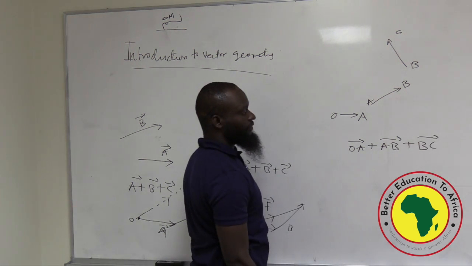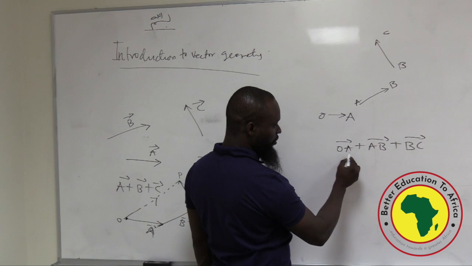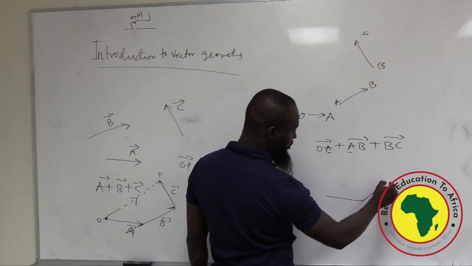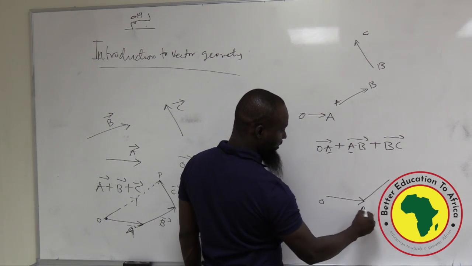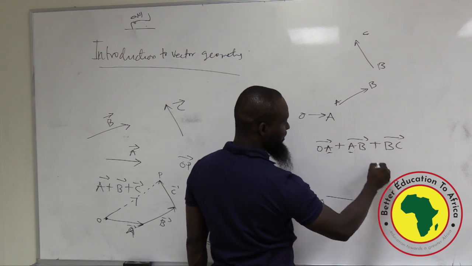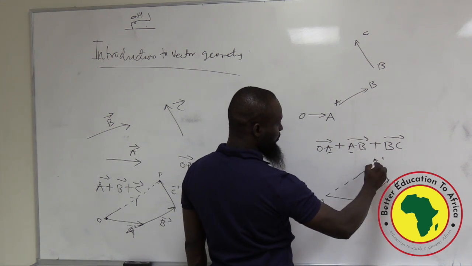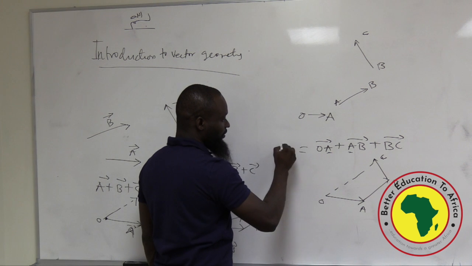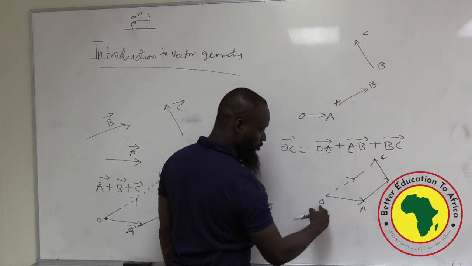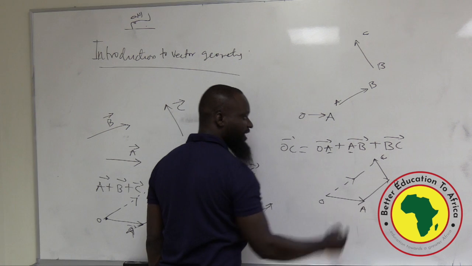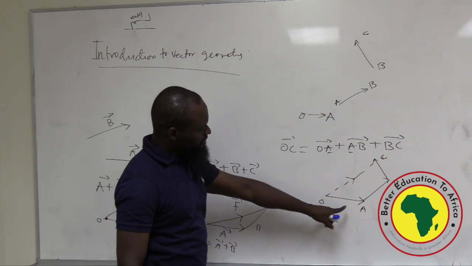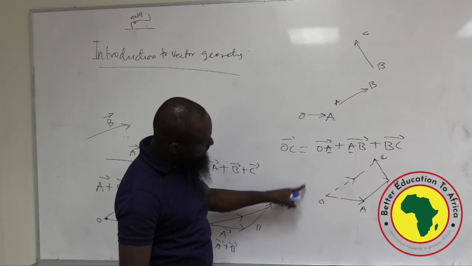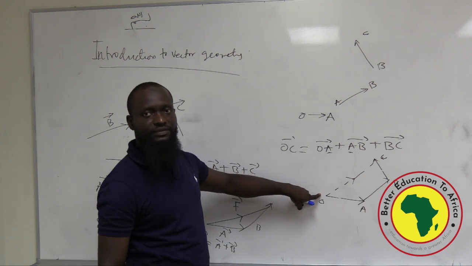So you see, OA will touch AB, and then BC. So this vector OC, coming from O to C, starts from the origin of this to the head of that. If I have 10 vectors, I'll write all of them, then the last one will come like that.